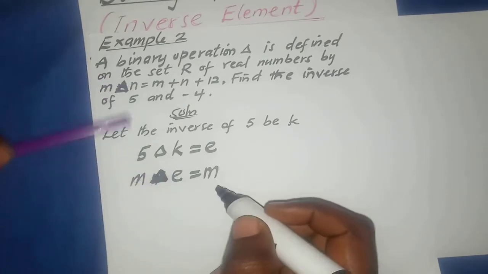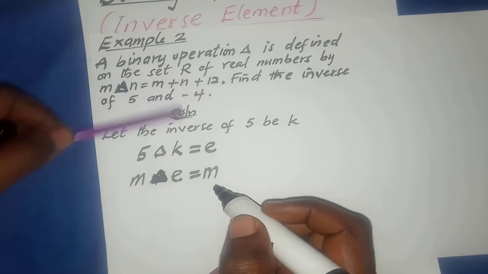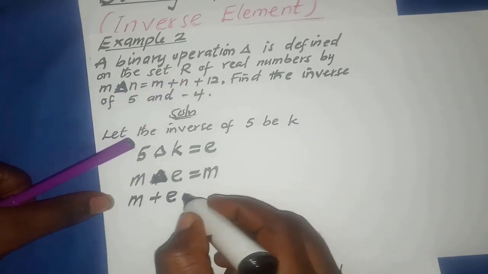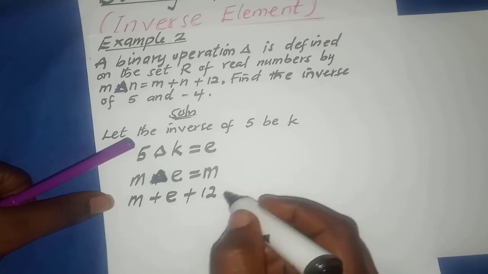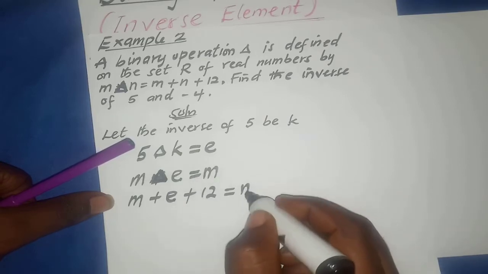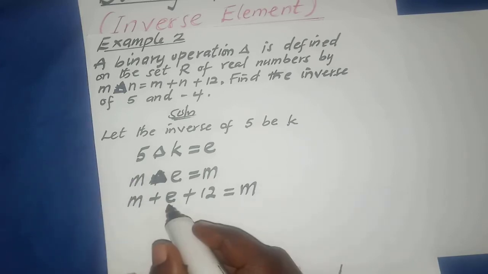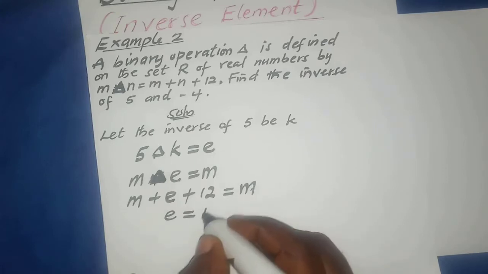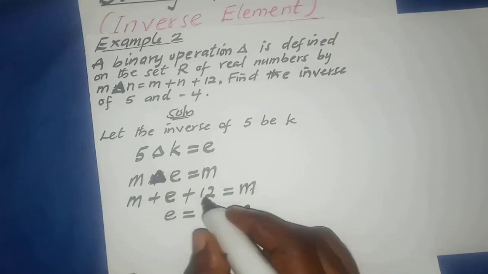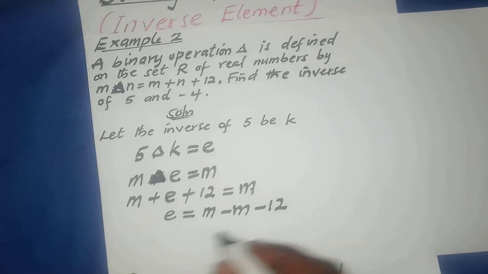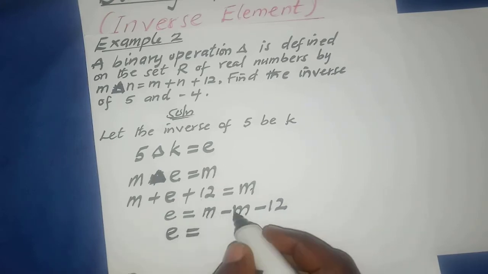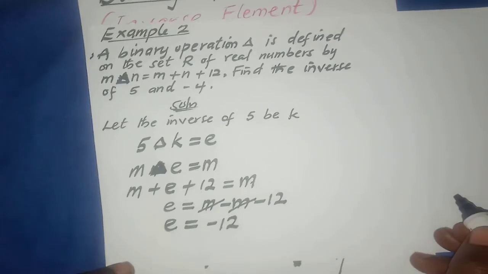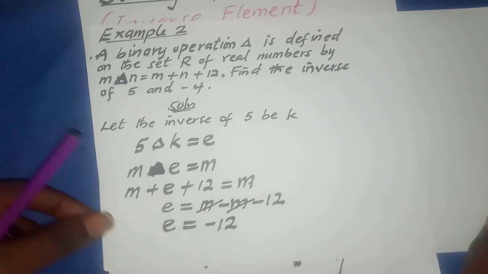E. So we're going to fit them into the definition. Our N now is E. So you have M plus E plus 12 is equal to M. Then you find the identity element E. So you have E is equal to M minus what? 12. So you get E to be equal to M minus M goes away, minus negative 12. That is our identity element.